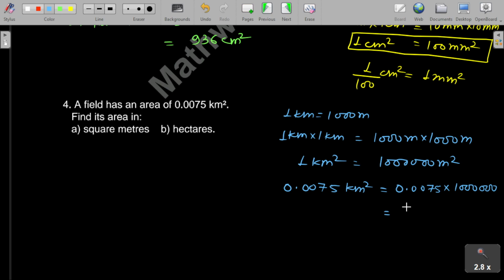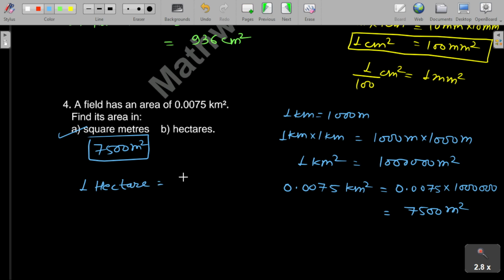Okay, now we have to change area in hectares. So remember this one, 1 hectare equal to 10,000 meter square. Okay, so 1 meter square equal to 1 upon 10,000 hectare, and we have 7500 meter square.